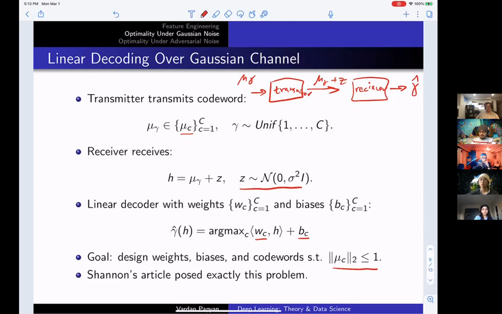So here's a question to you. What's missing from this problem here? Is there something that I did not specify and perhaps should be specified?